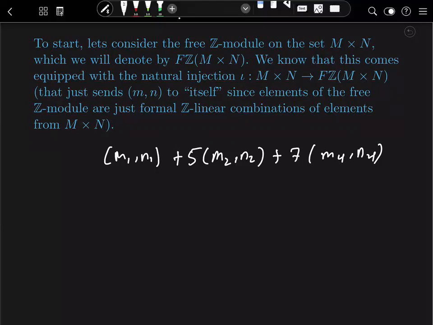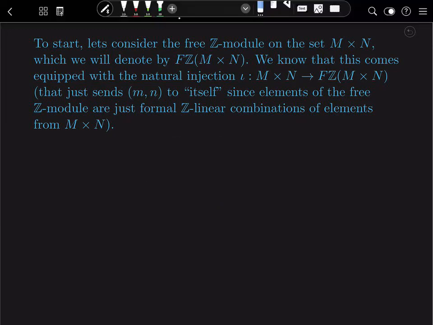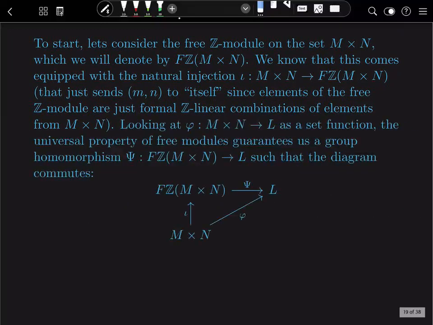Here we're looking at the free Z module, and this is the way that we form free modules for finite sets. This is a loose example of elements in M cross N. There's a more formal argument, but we won't worry about that here. So the free Z module comes equipped with this injection, the canonical injection.